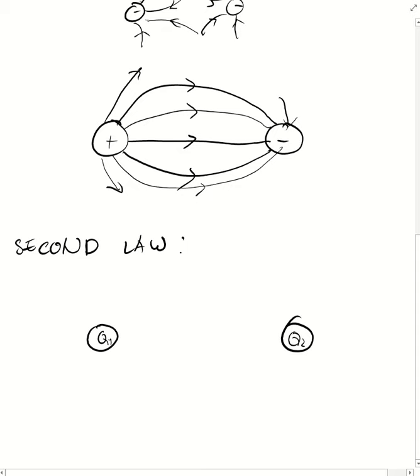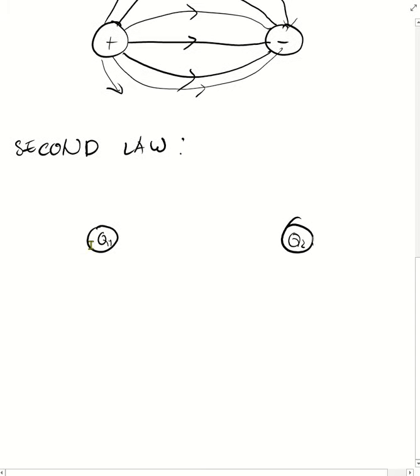It can be positive, it can be negative. The direction depends on that sign. If both are positive, they repel each other. If they are unlike charges, positive and negative, they attract each other.